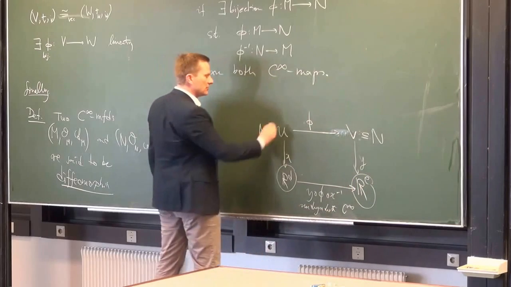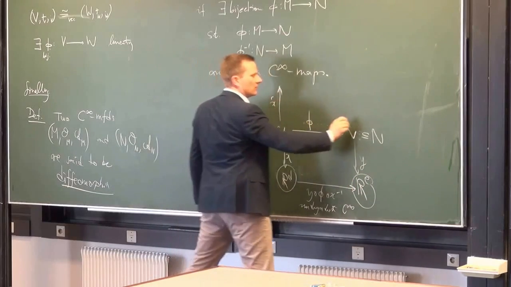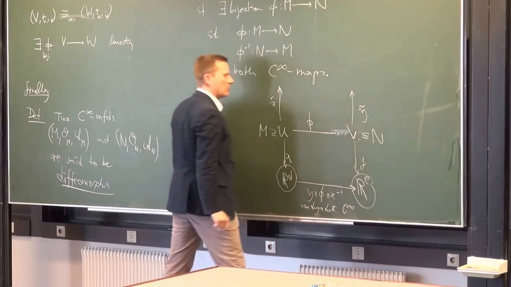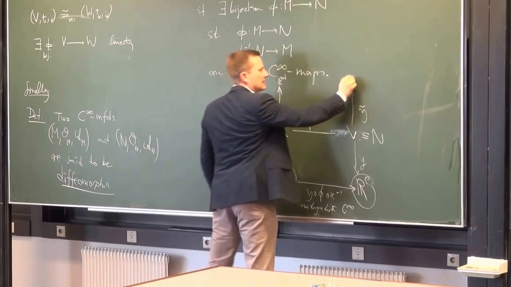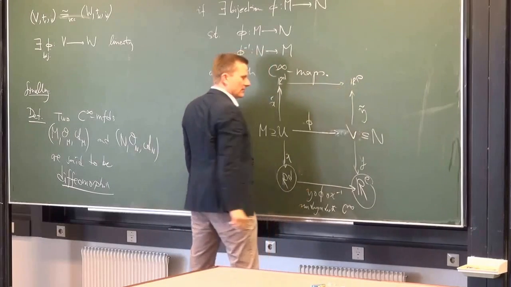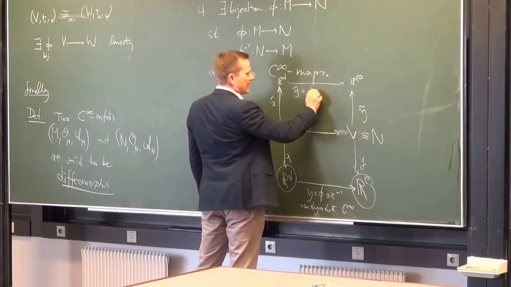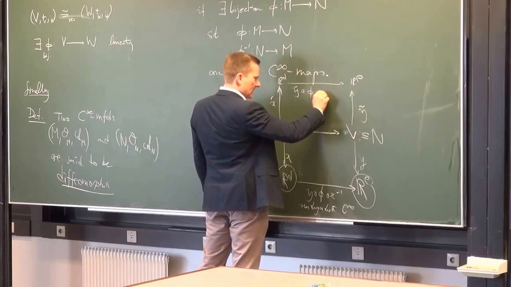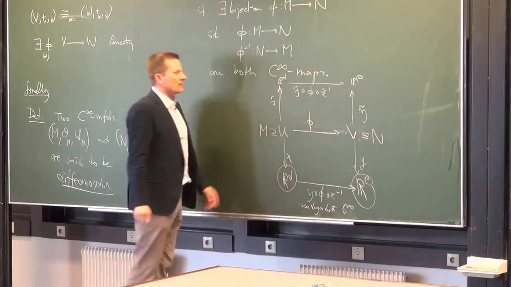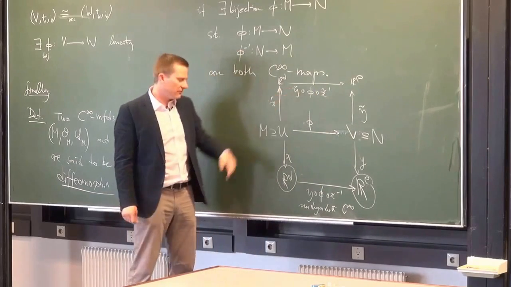Of course, you know the drill. You need to check whether with alternative charts x twiddle and y twiddle into R^d and R^e, the other representation, y twiddle after phi after x twiddle inverse, is also undergraduate differentiable.